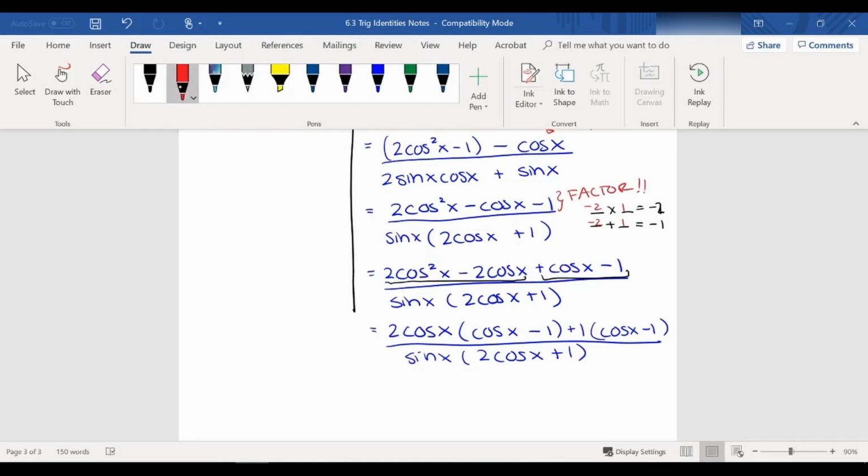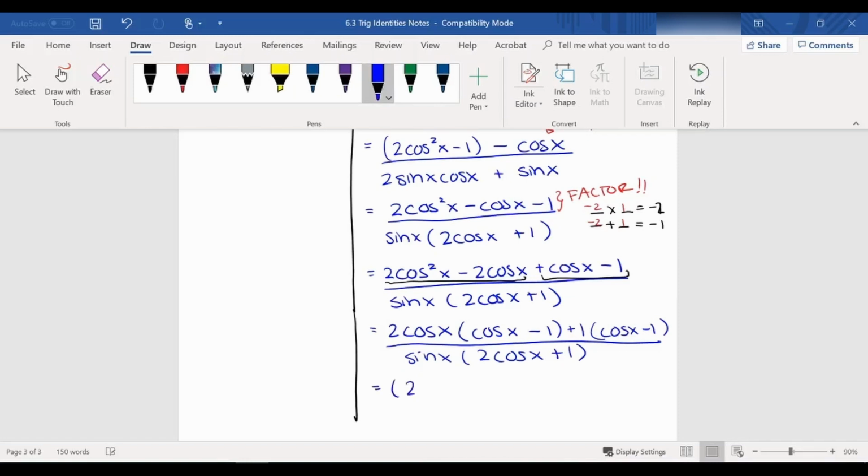When you try and factor the top, you are welcome to change these to y's and rewrite it as 2y squared minus y minus 1 and factor that. That works as well. I would not change it to x's because there's x's in the question, and then most people will forget to put the cosine back in. Okay, so I have one more step in my factoring here.